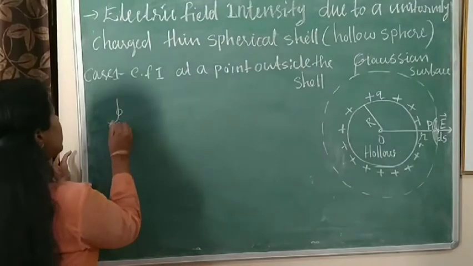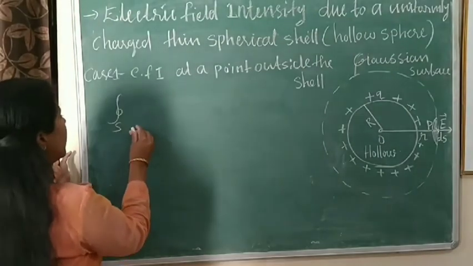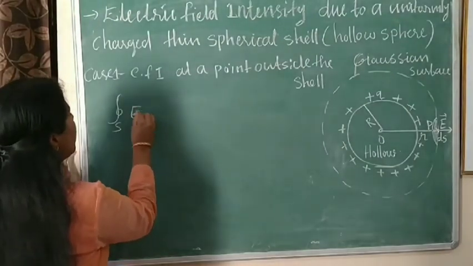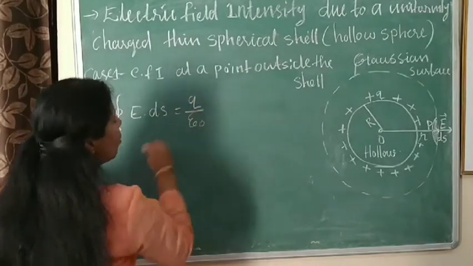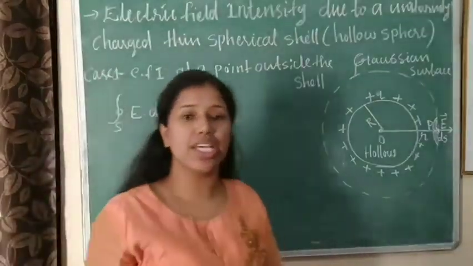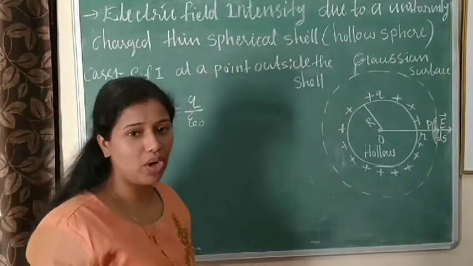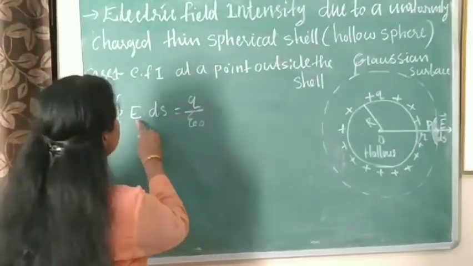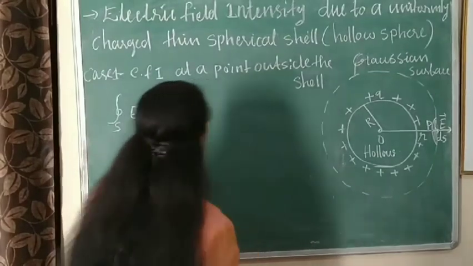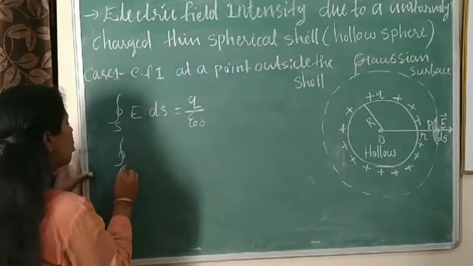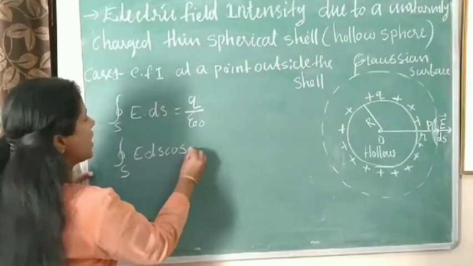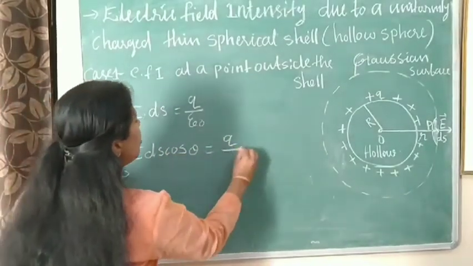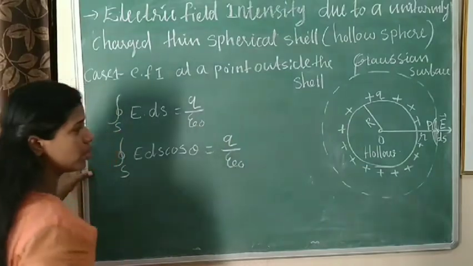Closed surface integral E dot ds is equal to q by epsilon naught. Here E and ds, dot we can avoid. Then we write closed integral E ds cos theta is equal to q by epsilon naught.